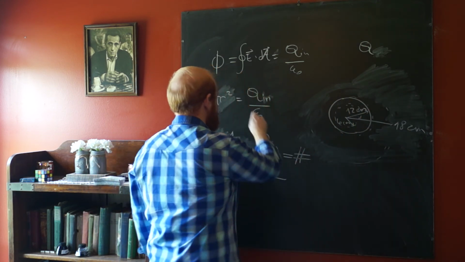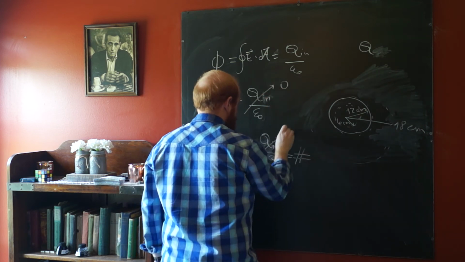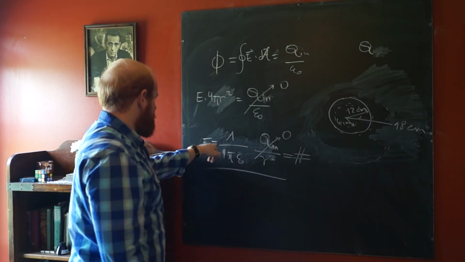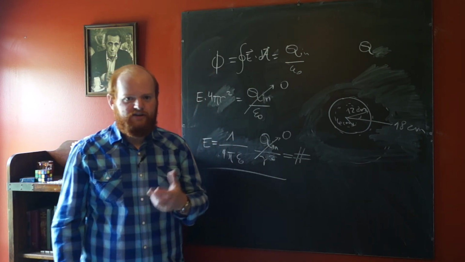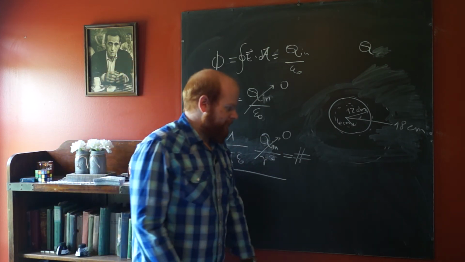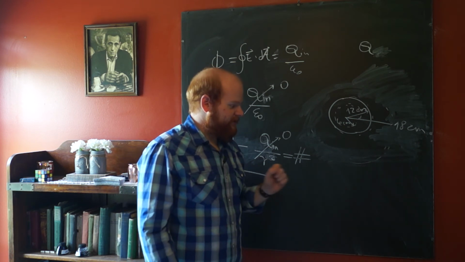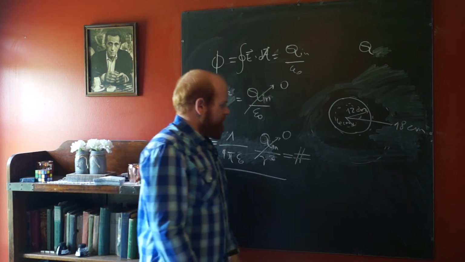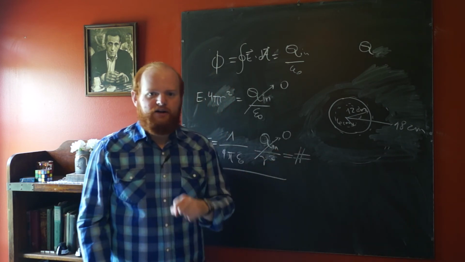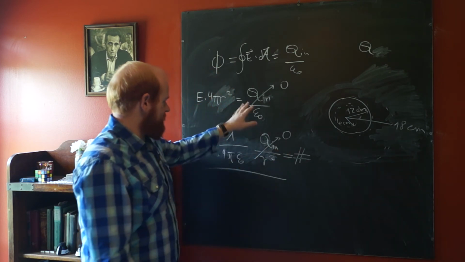So Q inside is 0, and that means that E is 0. And that is the reason why electric fields inside conductors are 0. So you can write 0 in that slot right there because that is in fact the answer and there's no direction for it. But it's instructive to think about why that's actually the case using Gauss's law.